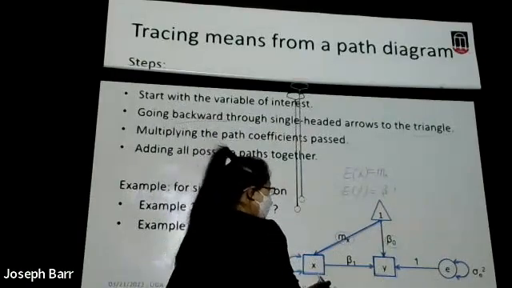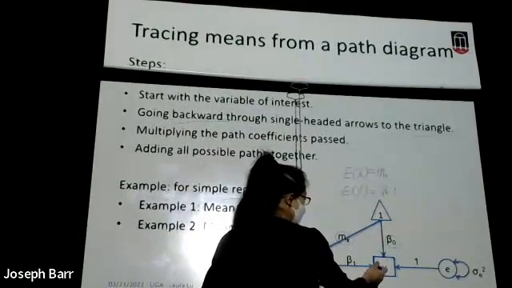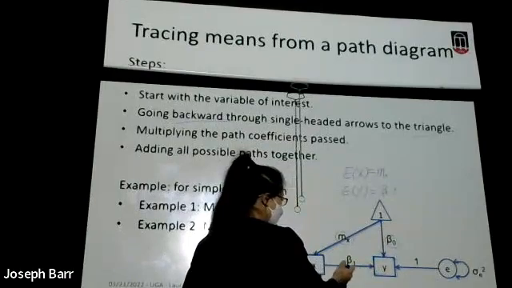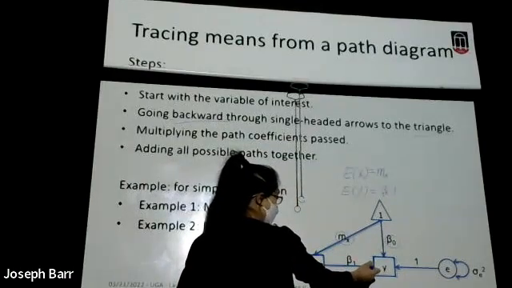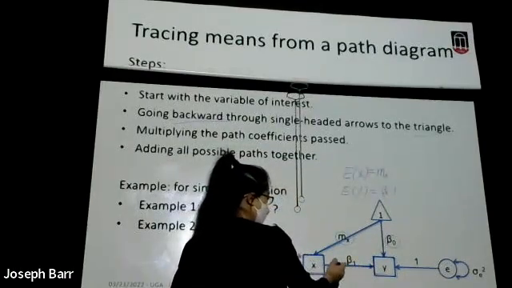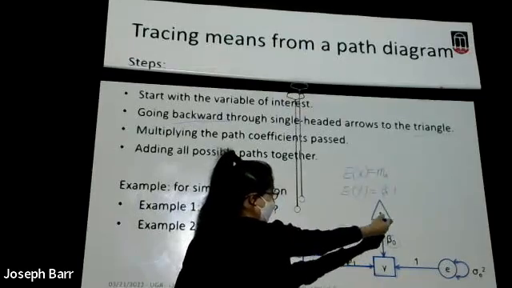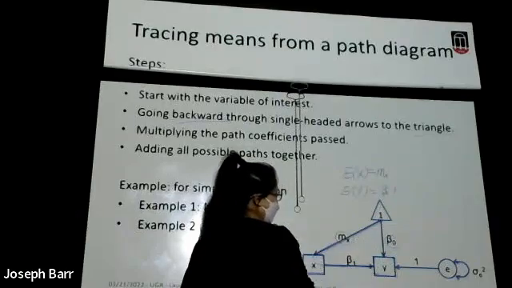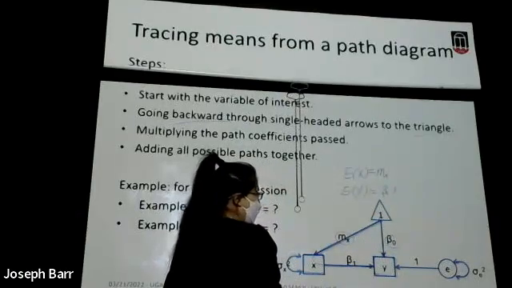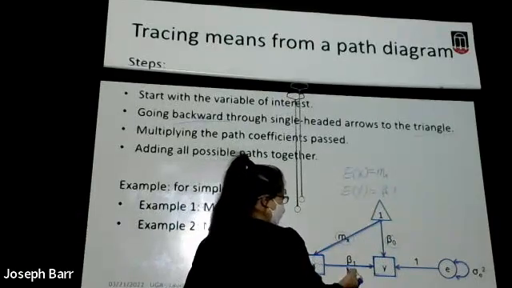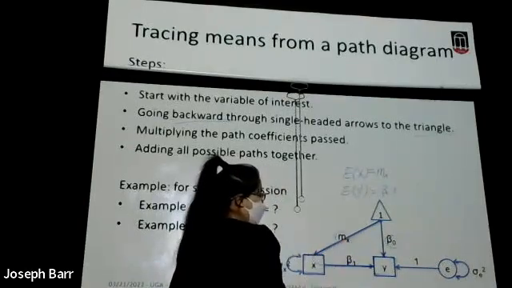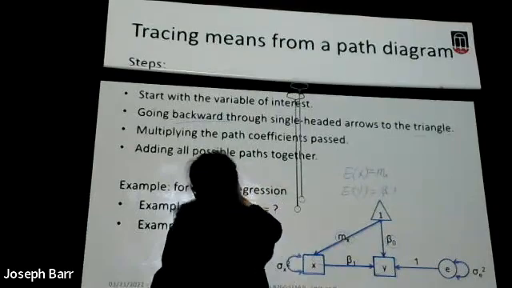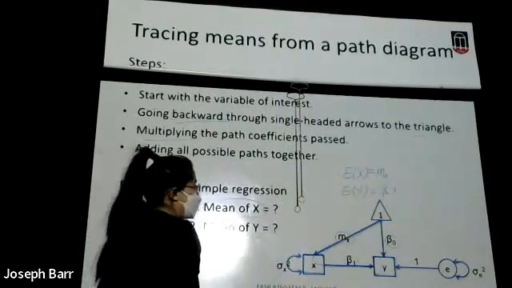You can also follow this road: backward along a single-headed arrow, and then backward along another single-headed arrow. This is also possible to go back to 1. Then we have the beta 1 coefficient here and the mx coefficient here, multiplying the path coefficients.